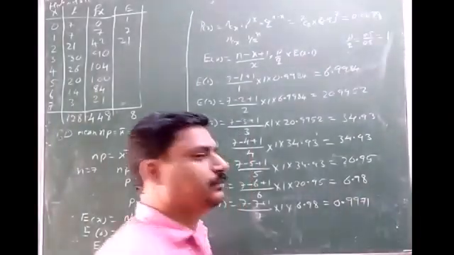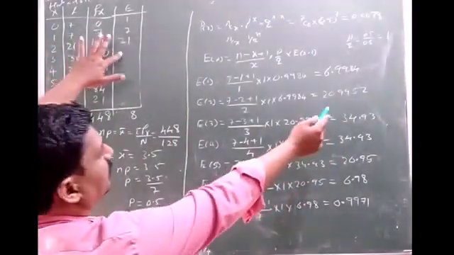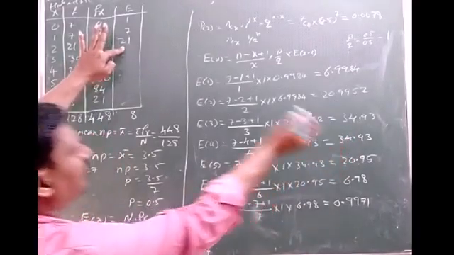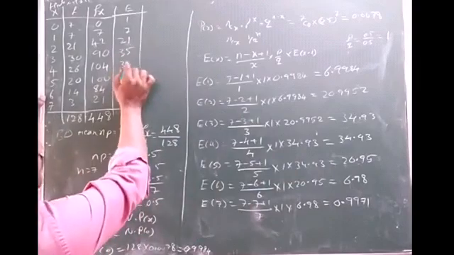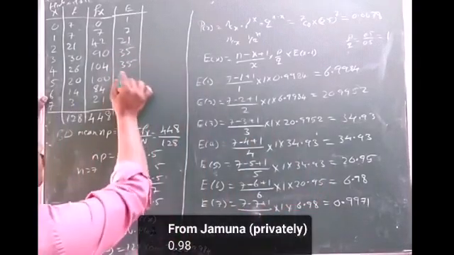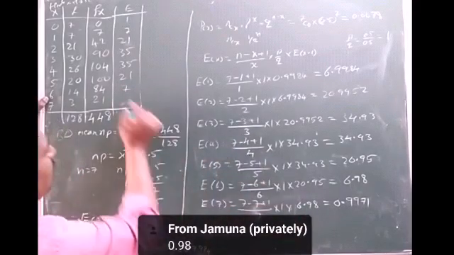0.9971. So I'll write them here. 20.99, 21, 34.93, 35, again 35, then here 20.95, 21, 6.98, 7, 0.99 is 1.